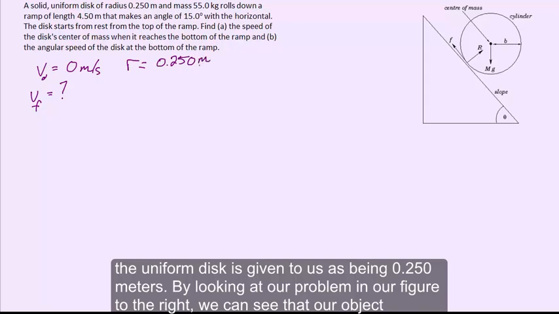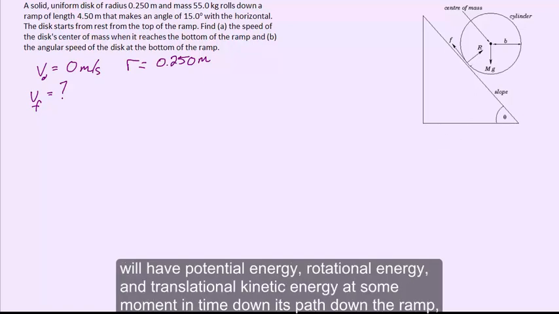0.250 meters. By looking at our problem and our figure to the right, you can see that our object will have potential energy, rotational energy, and translational kinetic energy at some moment in time down its path down the ramp.